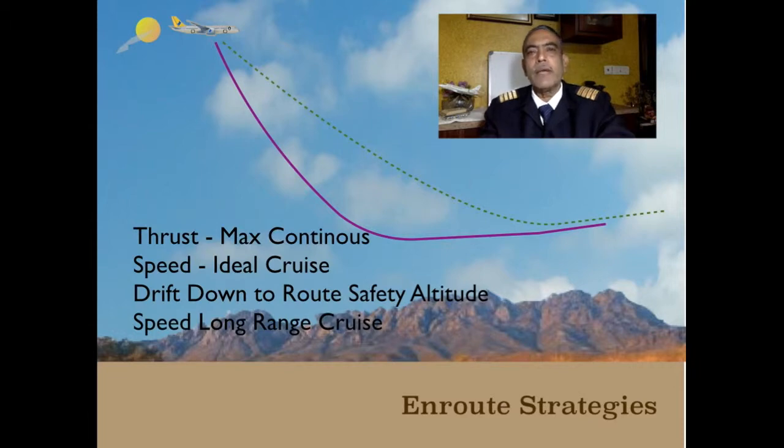Once you drift down quickly, you are also covering good distance because you are maintaining good speed, and now you are changing over to something called long range cruise speed and then diverting to the nearest airport.